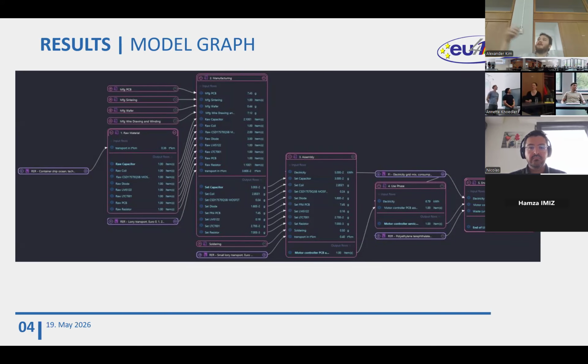So before going to OpenLCA, we first had to have well-defined the diagram that Rafa previously mentioned. As you can see here, this is a representation of all the stages or phases of our life cycle assessment, in this case of the motor controller.